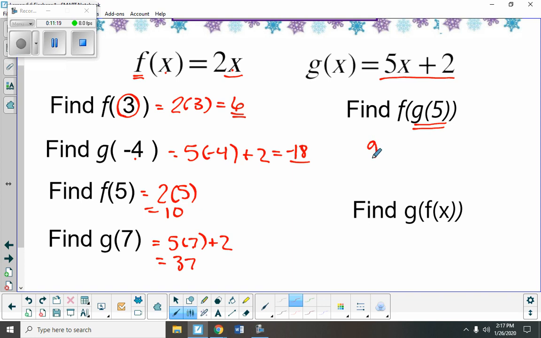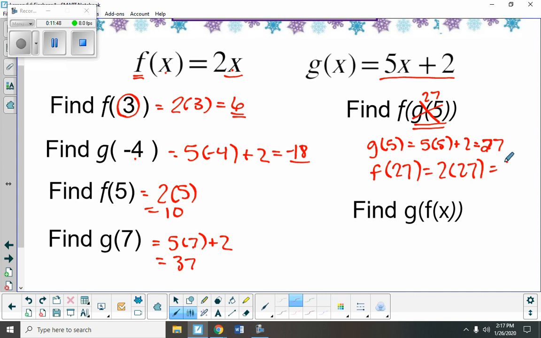So g of 5, so in the g function, which is 5x plus 2, would be 27. And so g of 5 is 27. Now we're going to find the value of the f function when x is 27. So in the f function, we're going to plug in a 27. So it will be 2 times 27, which is 54.